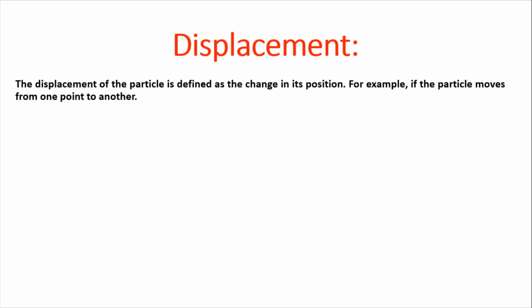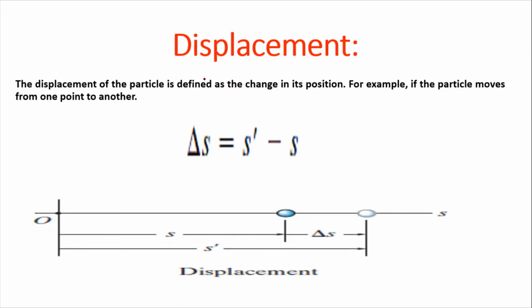You can see here that delta s equals s dash minus s. Let's see this with the diagram. From point O, a particle moves to P, which is particle P. Then it moves from this point to another point, P dash.